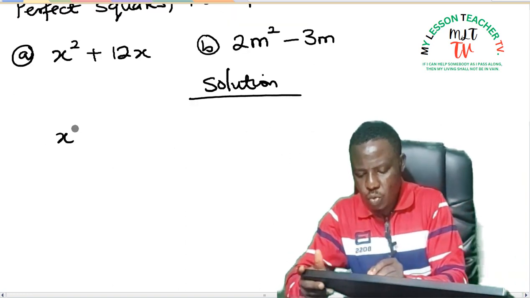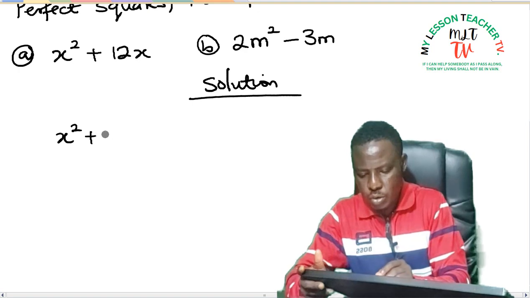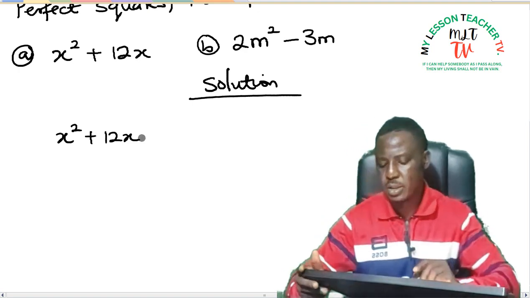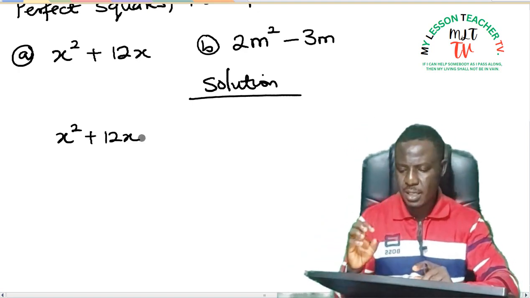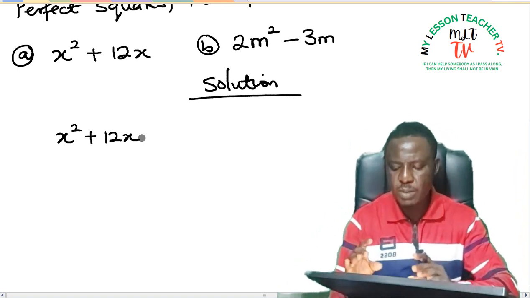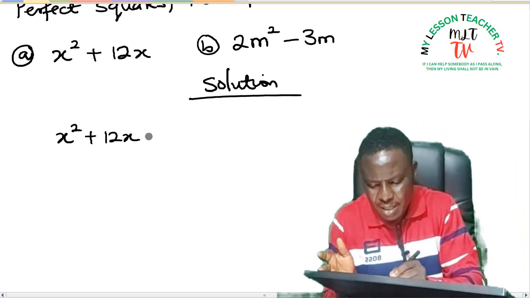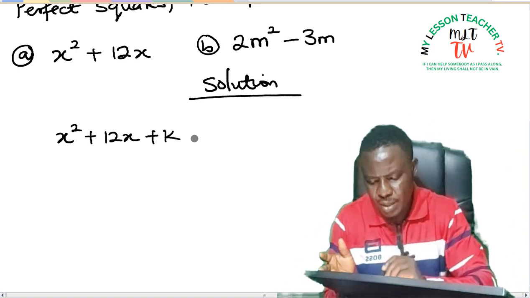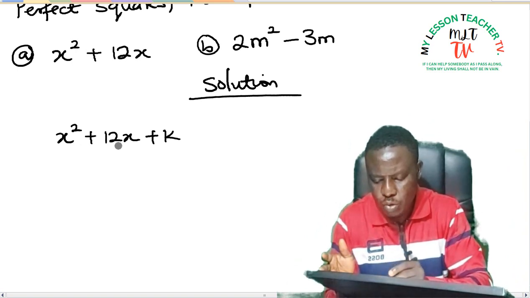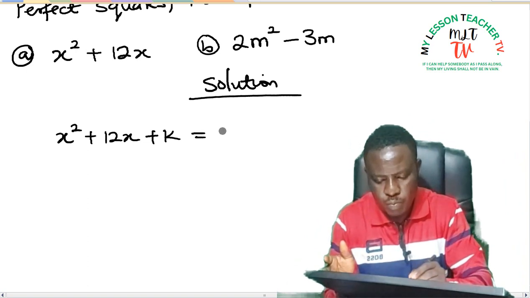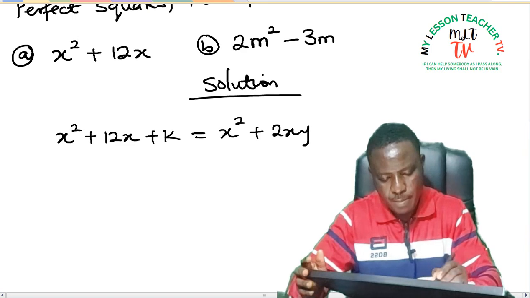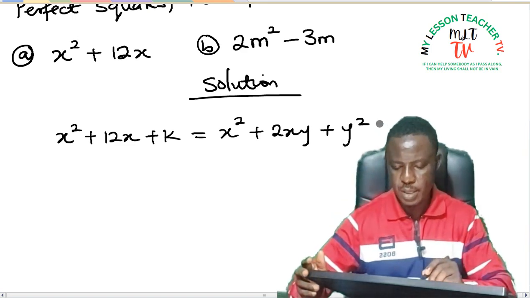A is x squared plus 12x. For us to make this a perfect square, something must be added. Let's call it k. So let's say plus k. That x squared plus 12x plus k is equal to x squared plus 2xy plus y squared.